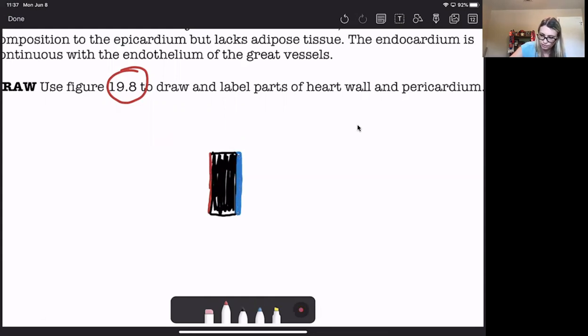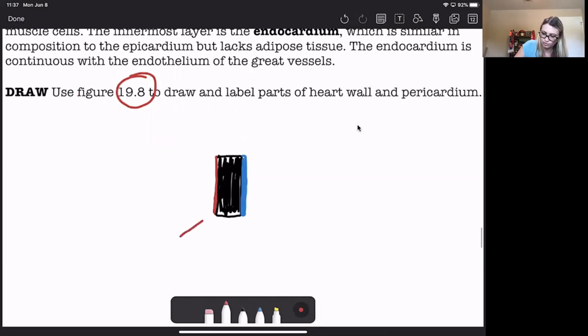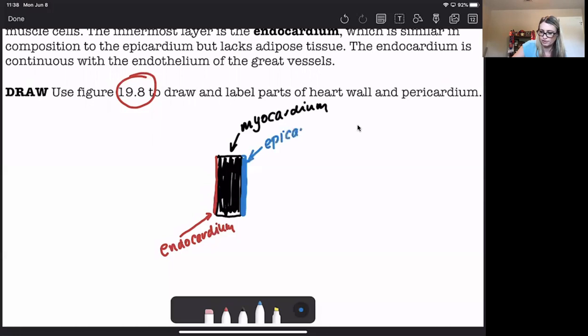So kind of like this. And then you label it again. You draw a line to it and say that's endocardium. This is myocardium. And then this is epicardium, which is also known as the blah, blah, blah. You tell me. Epicardium has a different name.